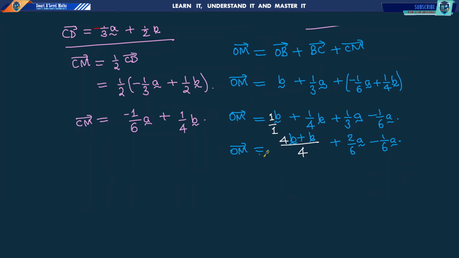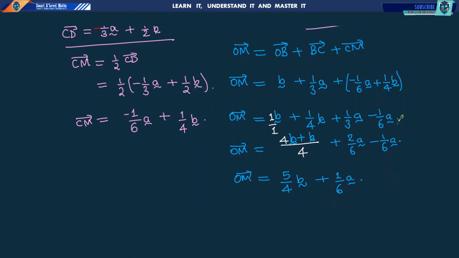Adding this, it is 5/4 vector B plus, we have 2 minus 1, that is 1/6 vector A.